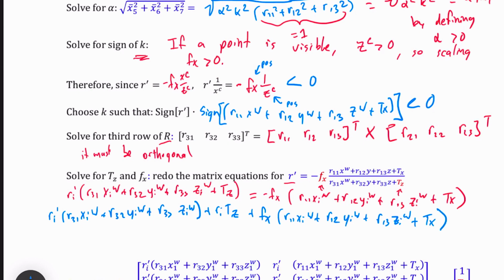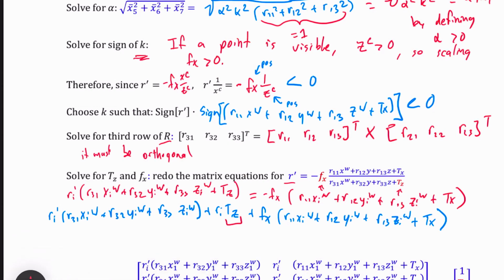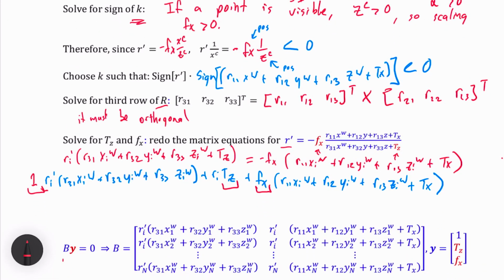And so now the quantities that I really care about, the ones that I don't know, are this tz and this fx. Those are two unknowns, and then we've got another quantity over here, but this needs to be multiplied by the value 1. Each one of them is multiplied by a parameter. And so we can set up something in the form of By equals 0, where B is all the terms that we know.